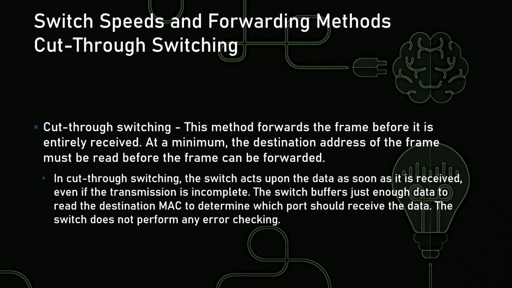So at a minimum, the destination address has to be read, and then the frame can start forwarding as it's still coming in. Now, in cut-through switching, the switch acts upon the data even though the transmission is not yet complete. This means that errors could be propagated. This means that collision fragments could also be propagated. So we want to be cautious with that.